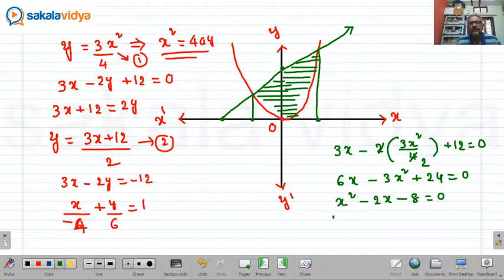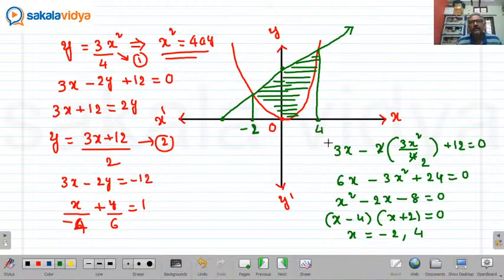Now we get the factors, x minus 4 into x plus 2 equals 0. That means the points of intersection are x equal to minus 2 and 4. That means in between minus 2 to 4 we need to find the area.